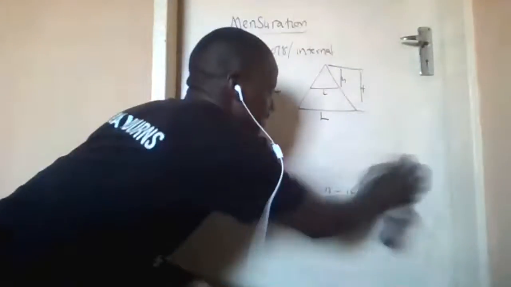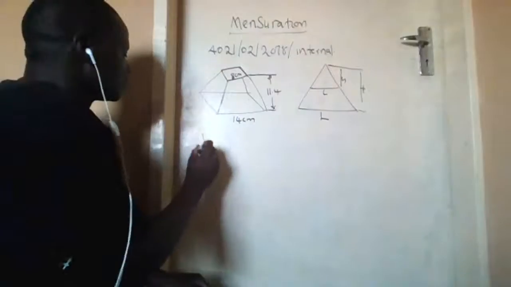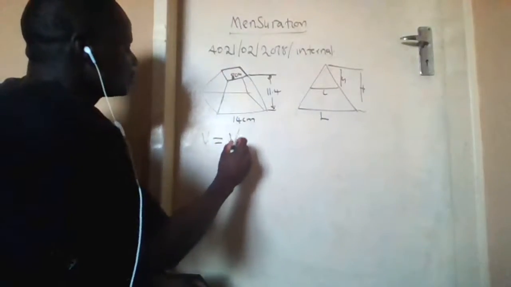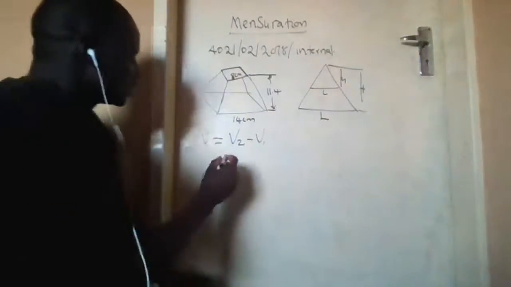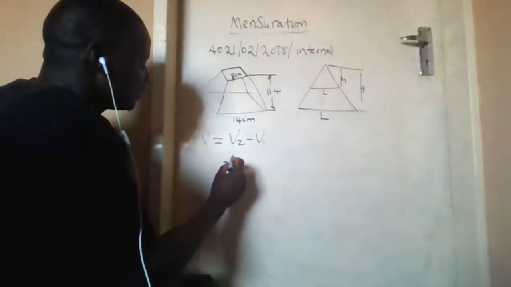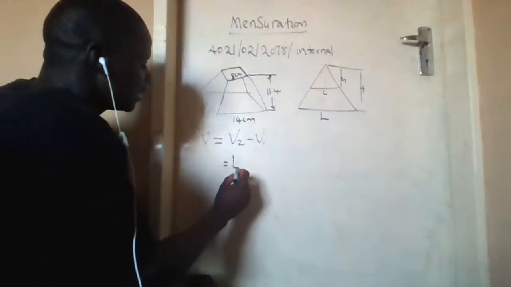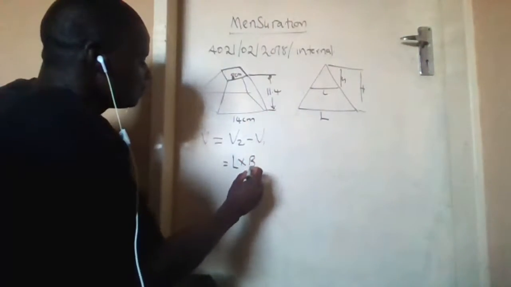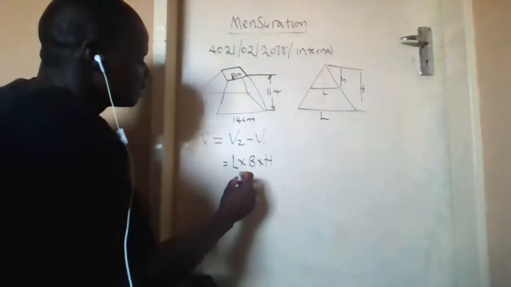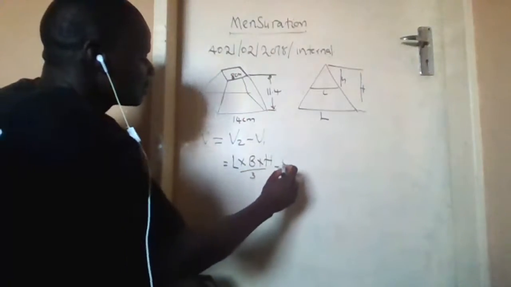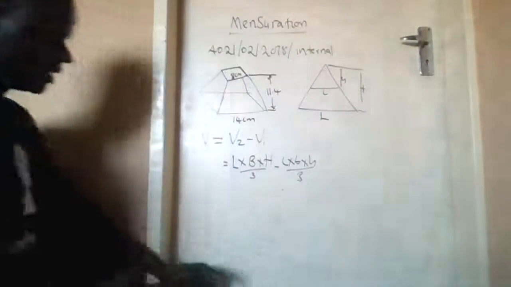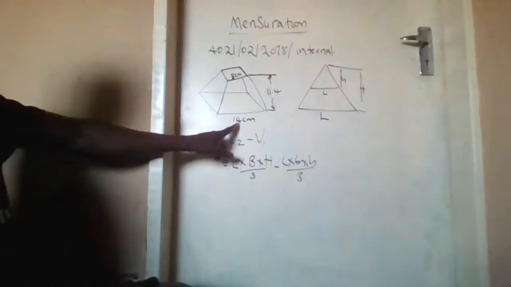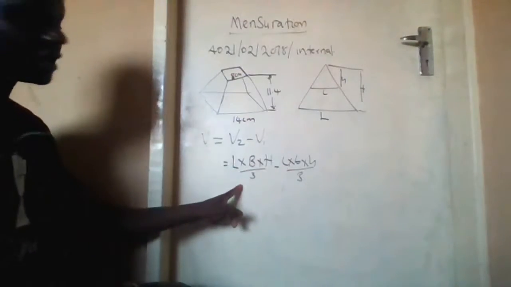So we're going to say that the volume will be equal to volume 2 minus volume 1. But how do you find the volume? The volume is big L times big B times big H divided by 3, minus small l times small b times small h divided by 3. But the big L is 14 and the small l is 8. They are not the same. We can't factor them out.